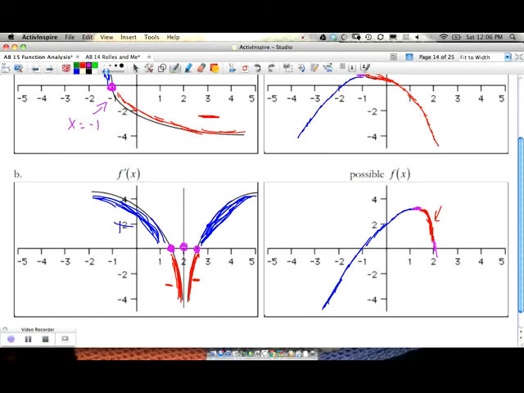Can't even see what we're doing here. All right. So from 2 to 2.5, we are negative. But then at 2.5, we flatten out. Then after 2.5, completely, we go back up. We're increasing again.